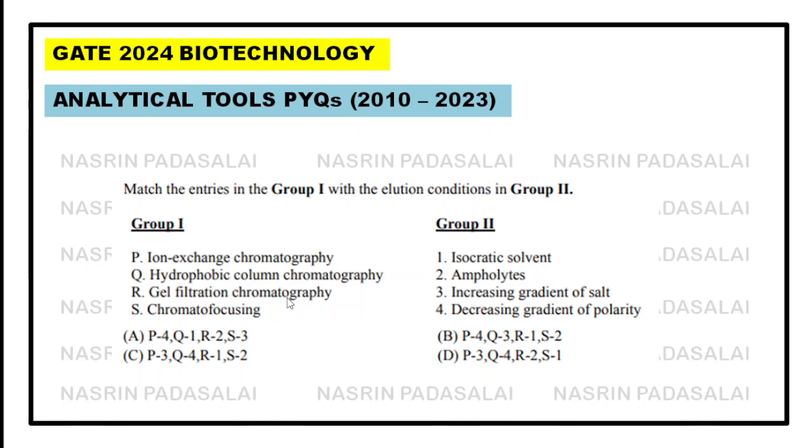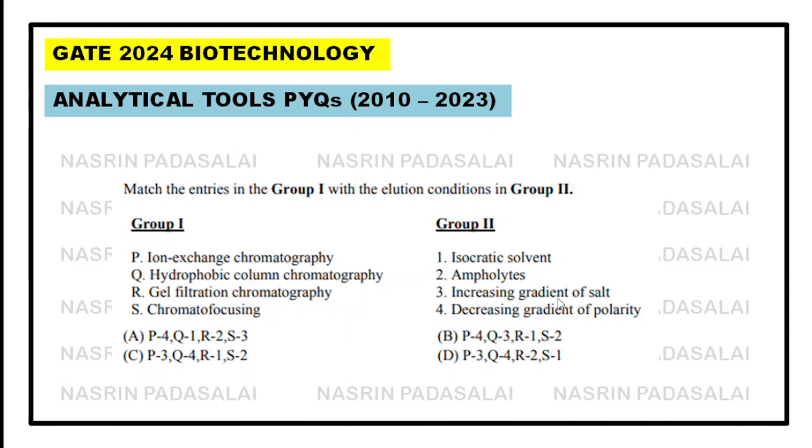Next is chromatography and their elution condition. So first is ion exchange chromatography. In ion exchange chromatography, for separating the components, they will be employing an increasing gradient of salt. So first they will be starting with the minimal concentration of salt, and then they will be increasing the salt concentration.